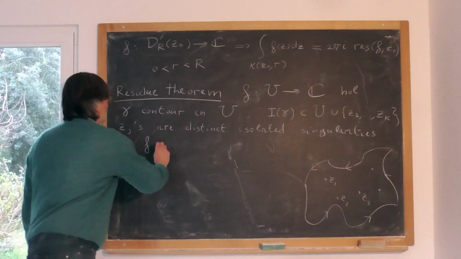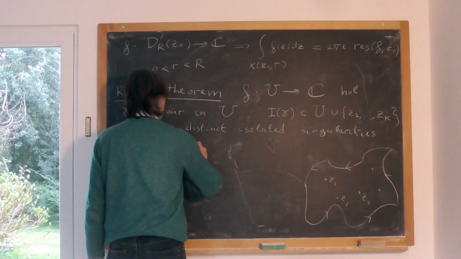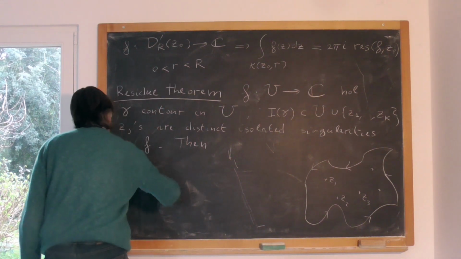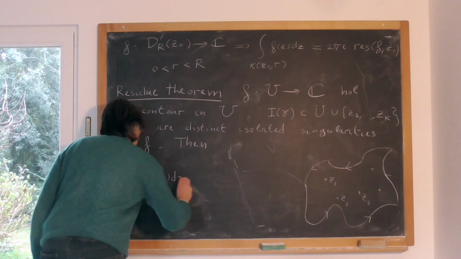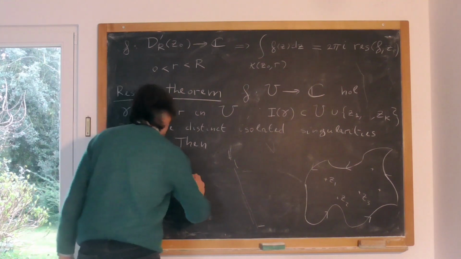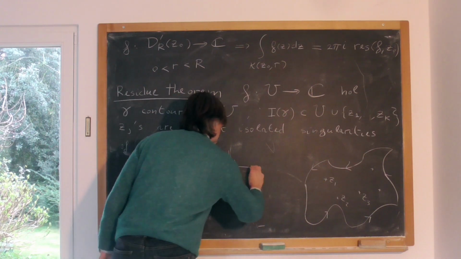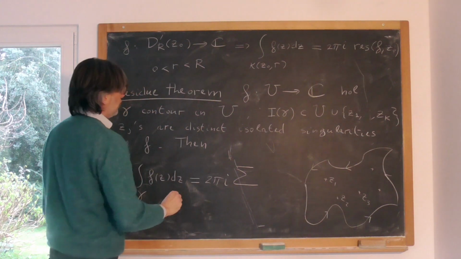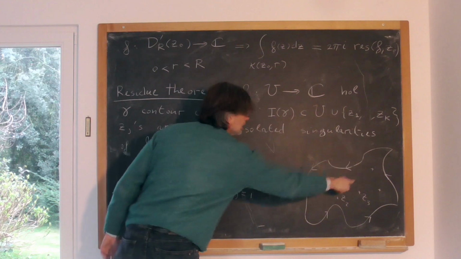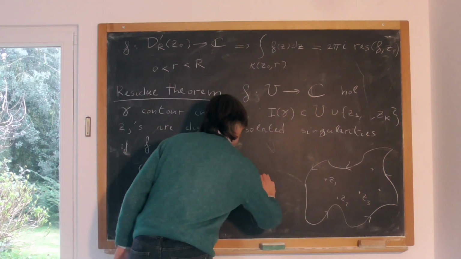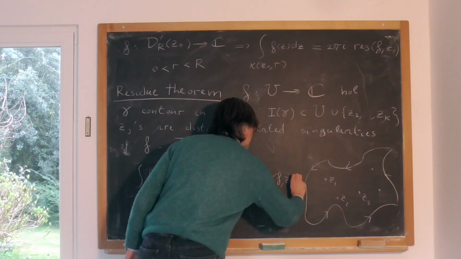Okay, under these assumptions, then, the integral of f(z) dz over this contour gamma is 2 pi times the sum over all j going from 1 to k, over all the singularities, of the residue of f at the singularity zj.